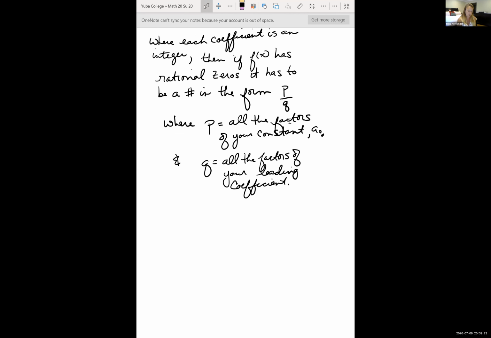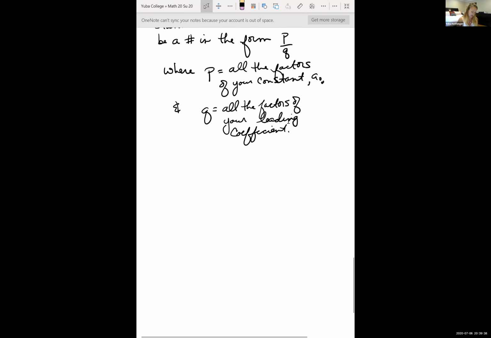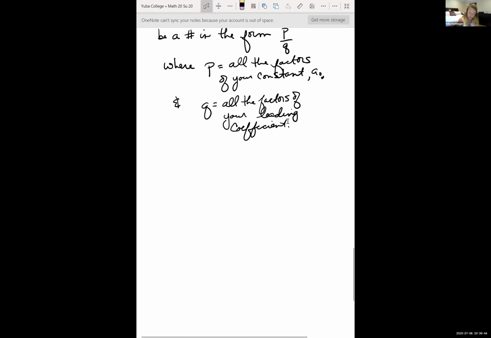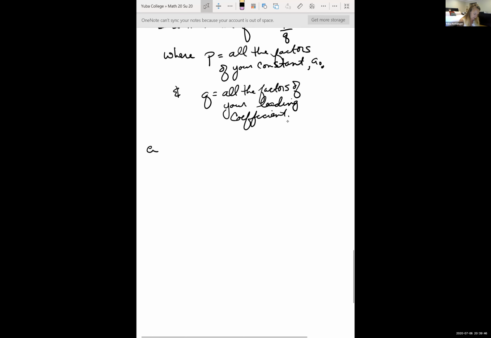Let me see. So I want to kind of start with not fractions in there. So let's look at another example.